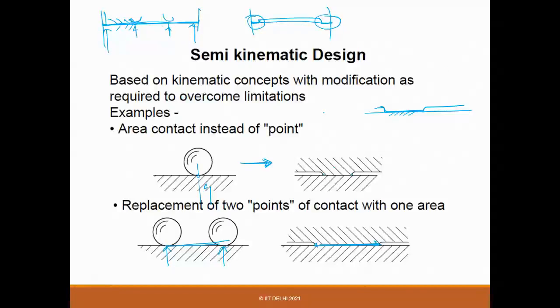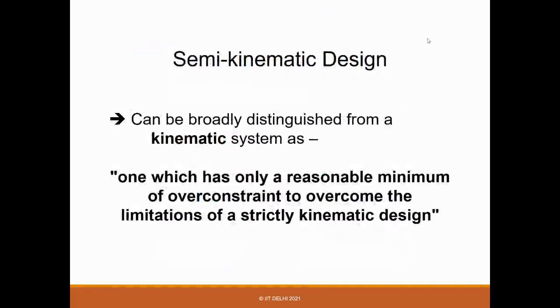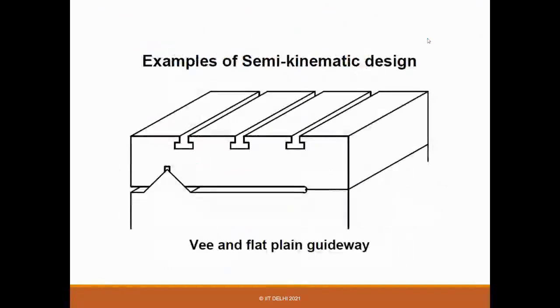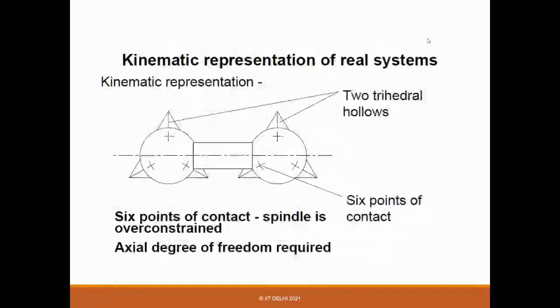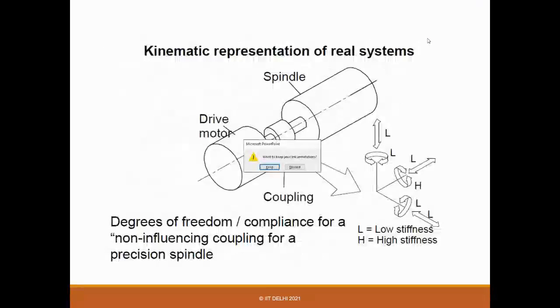Suppose you just want to have point contact; in that case you may go for this kind of contact. So these are semi-kinematic. Yes, I think time is up, so maybe we stop here and then discuss further.